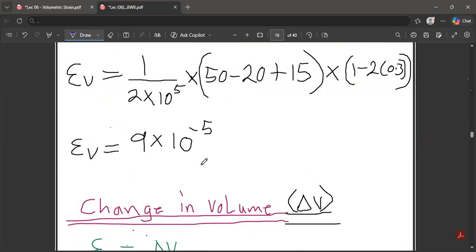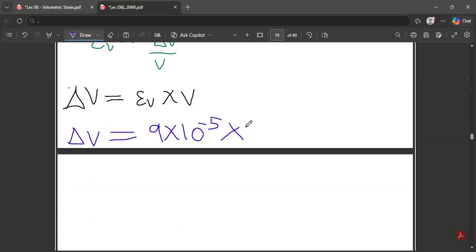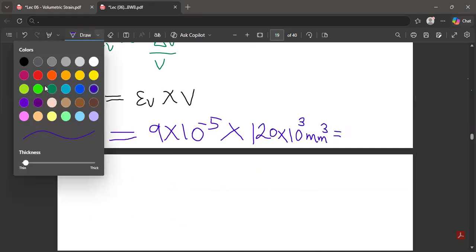So let's put that inside here and wrap up. That is times 120 times 10 exponent 3 millimeter cube. And if you multiply these two, it's going to give you an answer.